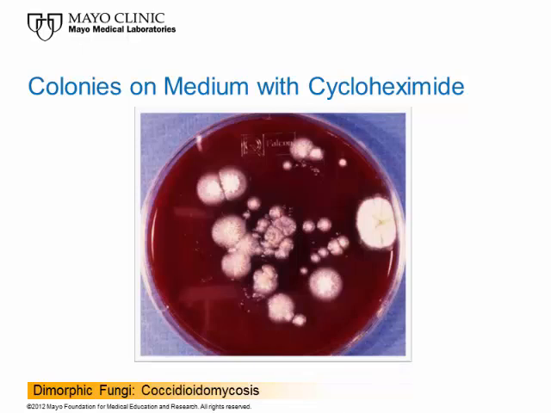This is an example of a plate where we used cycloheximide to recover the organism. All the colonies there are Coccidioides except the one at 3 o'clock, and that's probably Penicillium or some other saprophyte that happened to get into the culture plate. You can see those dome colonies. You can see the cobweb type colonies that we were talking about, and this is common to find.